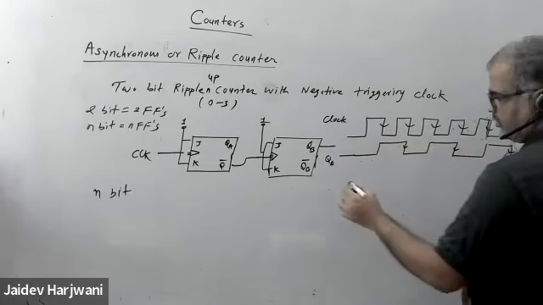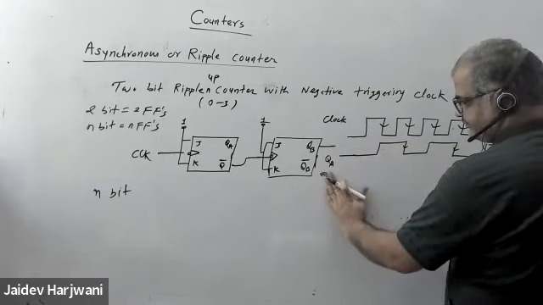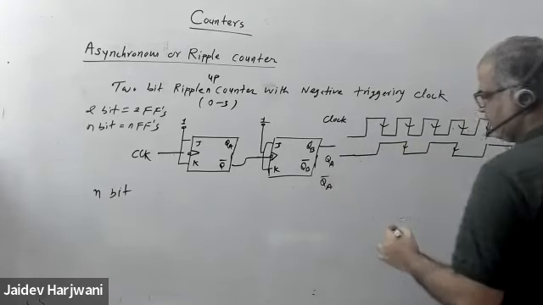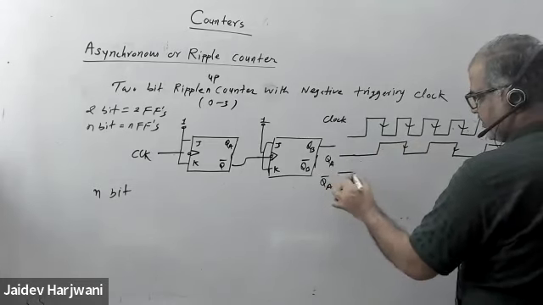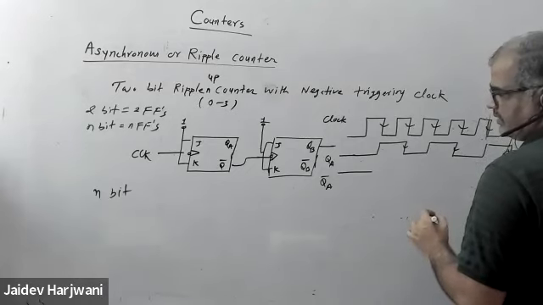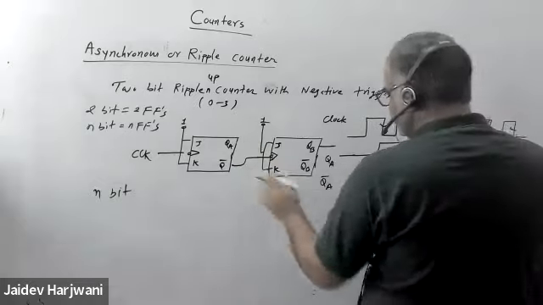Okay. Now QA bar. QA bar will be what? If this is 0, QA bar will be 1. Initially it will be 1.